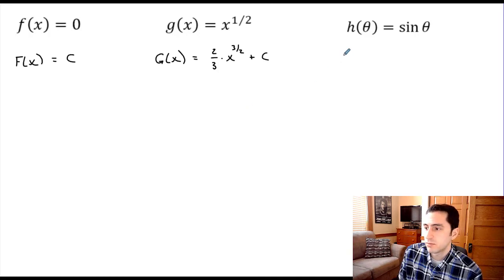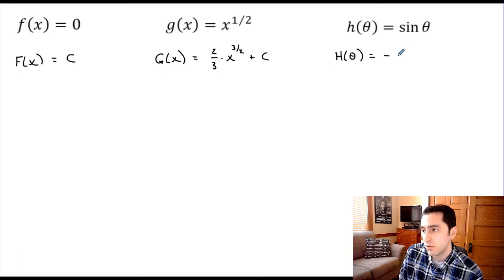And the last one, so we have h of theta is equal to the sine of theta. So again, just thinking about the derivative of what is going to give me the sine. So I know the derivative of cosine gives me the opposite of sine. So if I want my antiderivative capital H of theta, the derivative of cosine is the opposite of the sine.